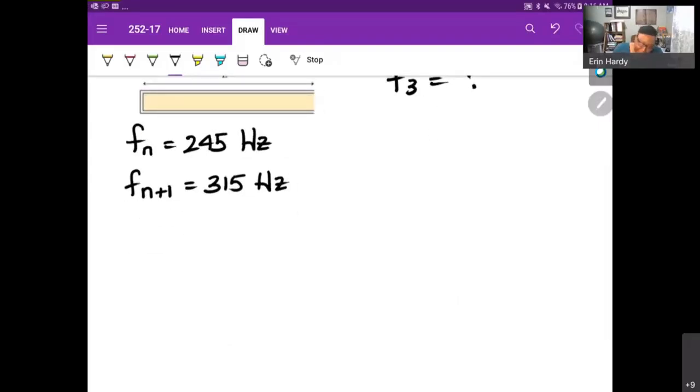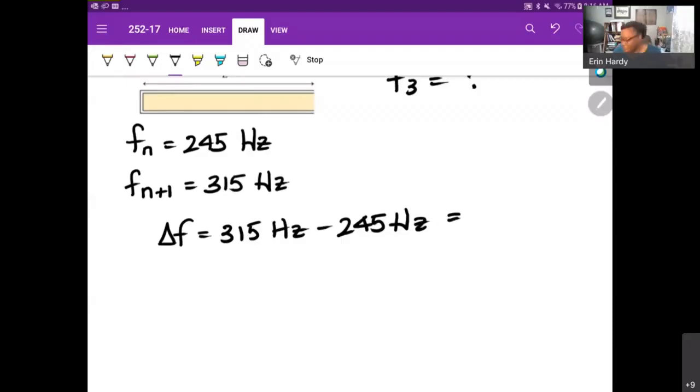Let's figure out what delta f is for these two adjacent standing wave frequencies. We've got 315 hertz minus 245 hertz. That is 70, right? Let me double check. 315 minus 245, yeah, 70 hertz. So the allowed standing wave frequencies are separated by 70 hertz.